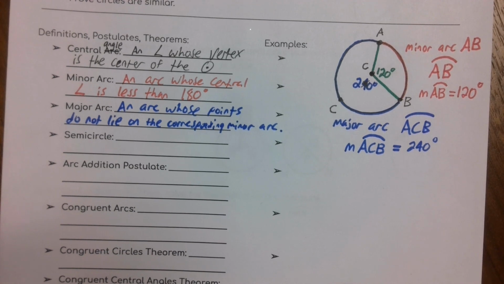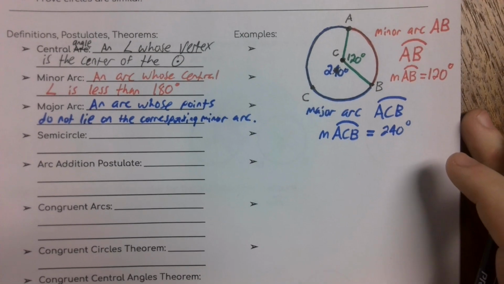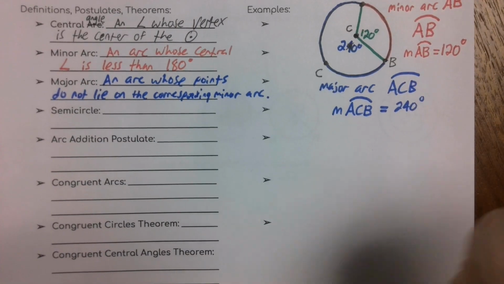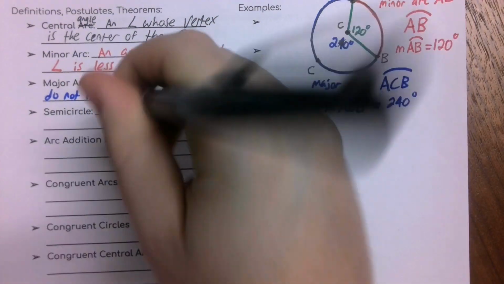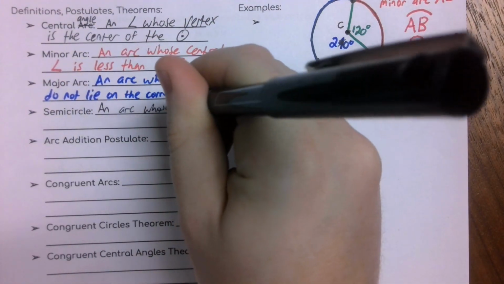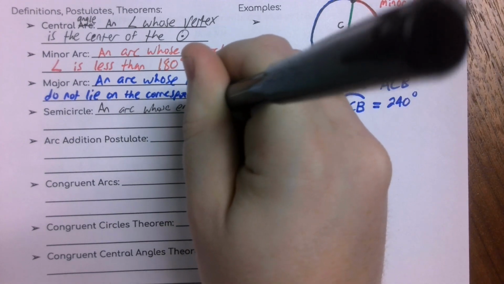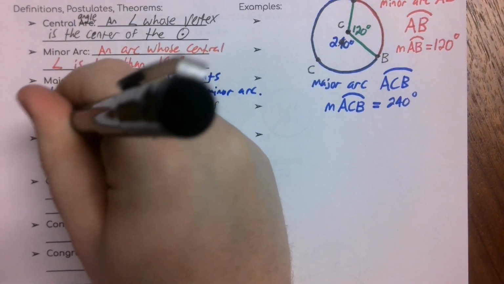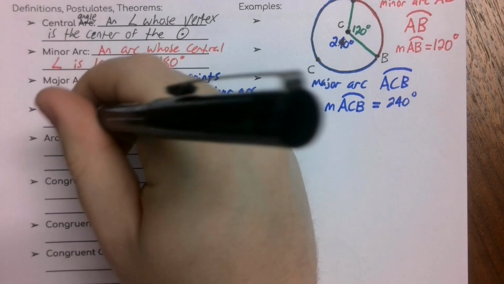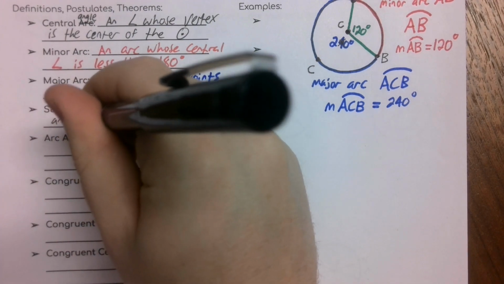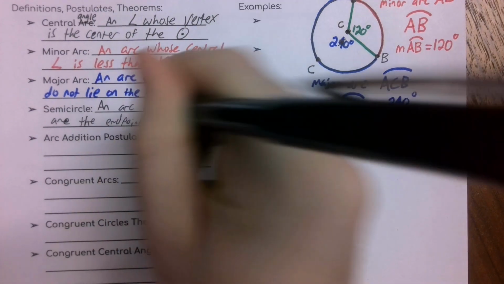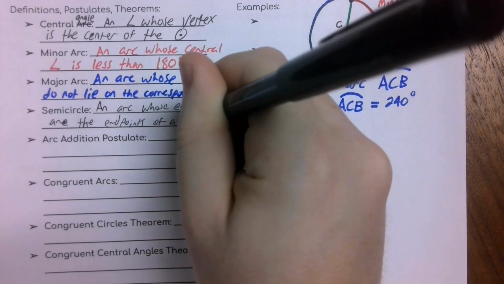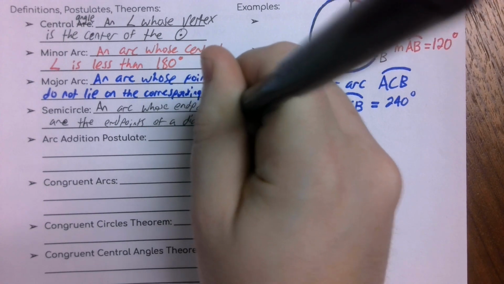Finally, a semicircle is a half of a circle. So a semicircle is an arc whose endpoints are the endpoints of a diameter.